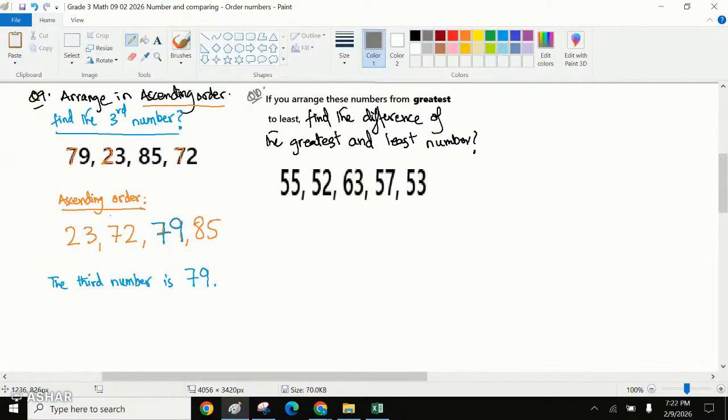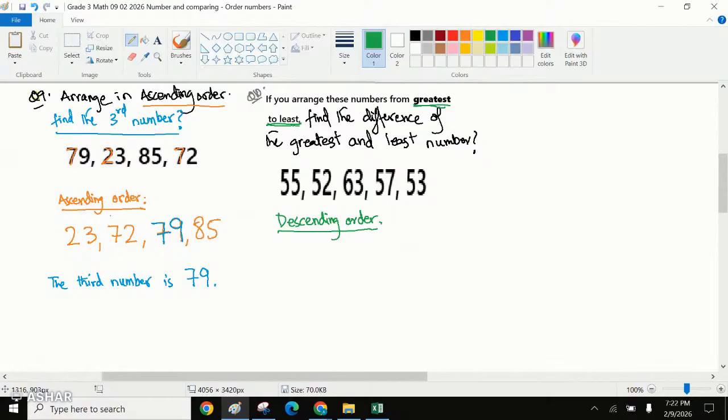The first thing we need to do is arrange these numbers in descending order, because they're asking us to arrange them from the greatest to the smallest. Which number is greatest? Yes, thank you, Job. 63, 57, 55.